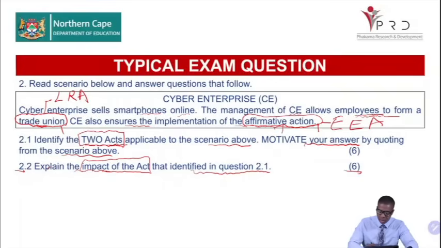So whenever you see the word affirmative action, just know that the act that is applicable there is the Employment Equity Act. Whenever you see anything that talks about trade union, collective bargaining, or strike, and it is appearing in your question 2, any question on legislation talking about trade unions, that should be Labor Relations.